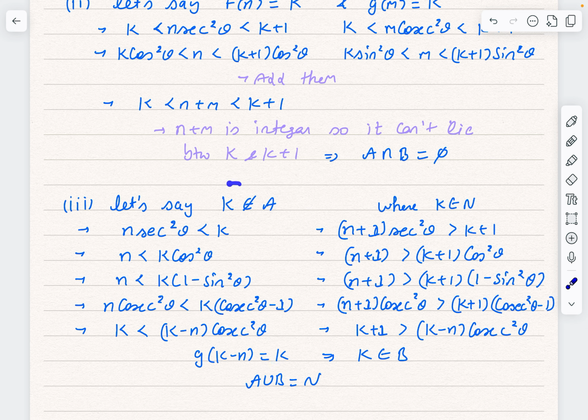So if there is a natural number which is not in the range of f, then that number must be in the range of g. So if k does not belong to A, it must belong to B. So overall, when you take the union, you will get the set of natural numbers. This is a good problem, guys.